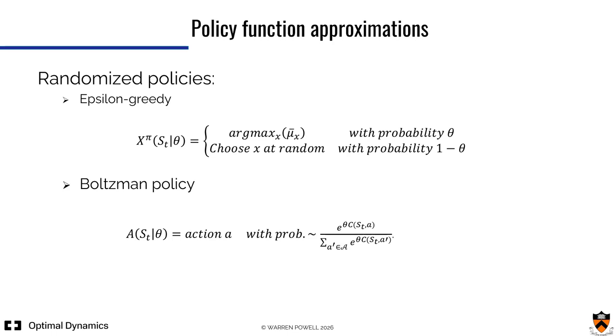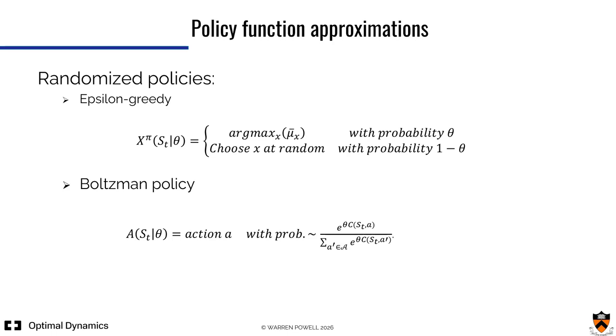A little bit more elegant way of forcing exploration is with what's called a Boltzmann policy, where what we'll say is, let's say the value of an action is some function c that depends on the state and the action. Multiply that times theta, put it in an exponential, divide that by the sum of those terms over all actions.